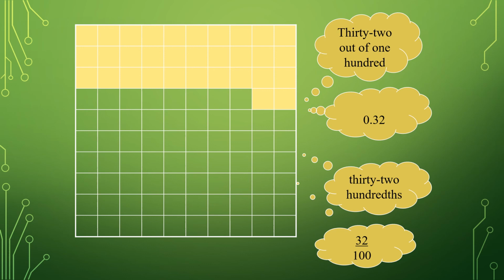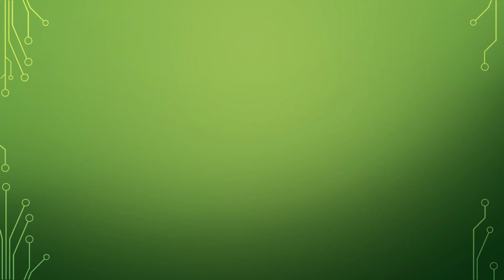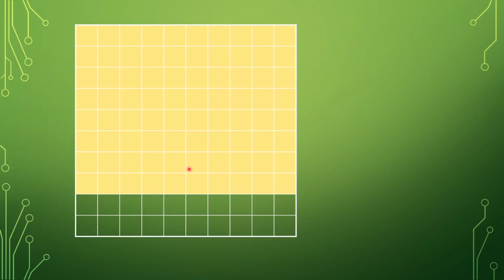If you go in reverse order, then 32 over 100 can be written as 0.32. With the help of concept of decimals part 1 video, and how to write its number name, 32 hundredths, in concept of decimals video part 2. Okay, so next is this one.